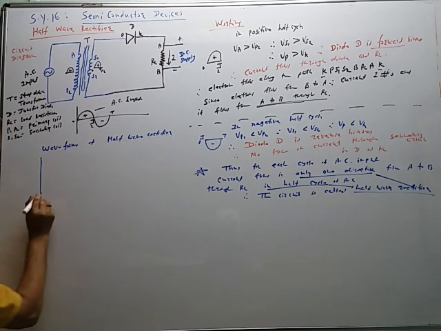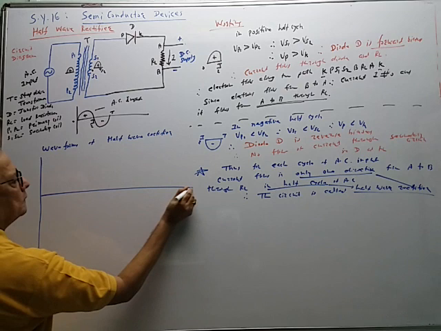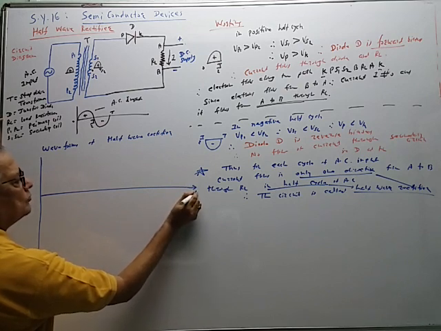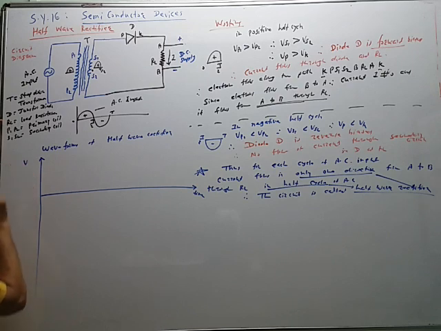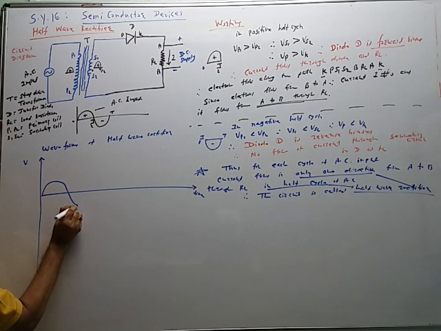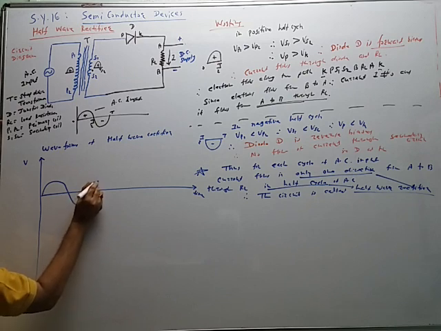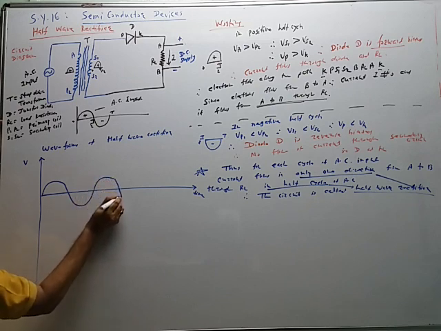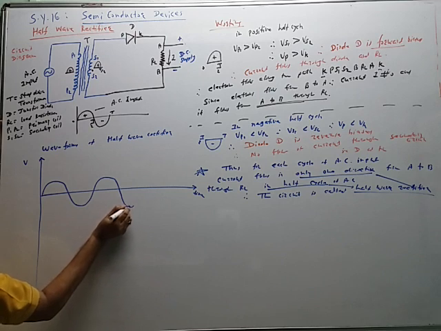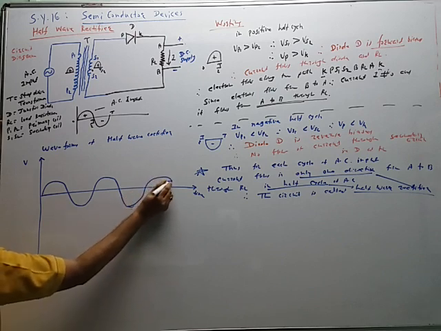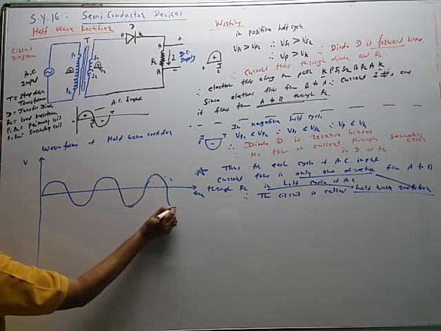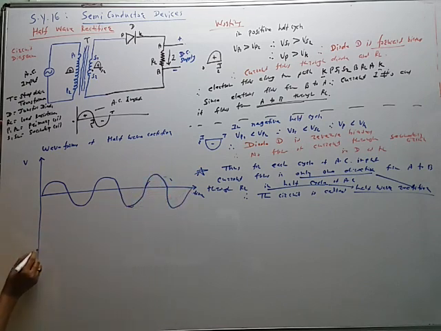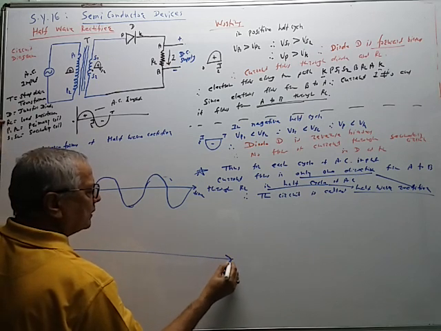We are plotting the graph on the same scale. On the x-axis, suppose we are considering the value of time t, and this is the voltage. So positive half cycle, negative half cycle, positive half cycle, negative half cycle, positive half cycle, negative half cycle. अच्छा 2-3 हाफ सायकल दाखवायचे. टाइम टी.